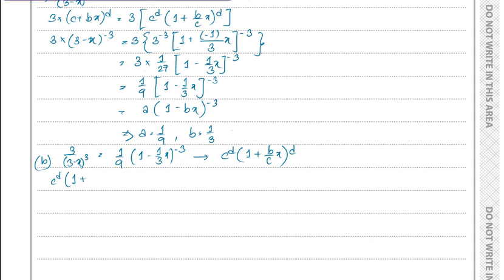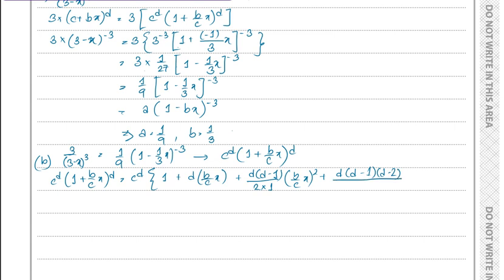To expand it, the format is this: first you need to write c to the power d, and then bracket 1 plus d multiplied by b by cx, plus d multiplied by d minus 1 divided by 2 multiplied by 1, b by cx squared, plus d multiplied by d minus 1 multiplied by d minus 2 divided by 3 multiplied by 2 multiplied by 1, and this will be b by cx to the power 3.